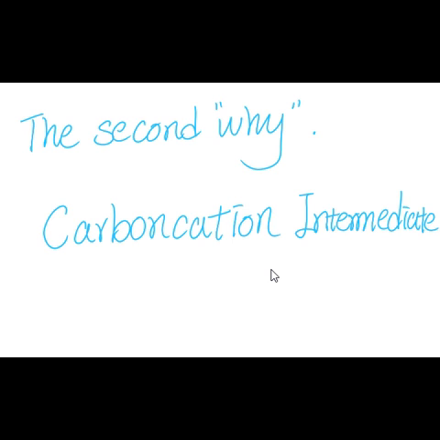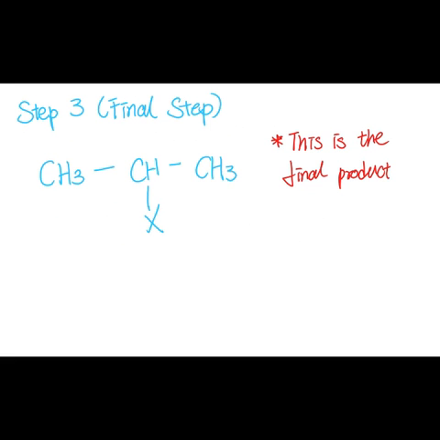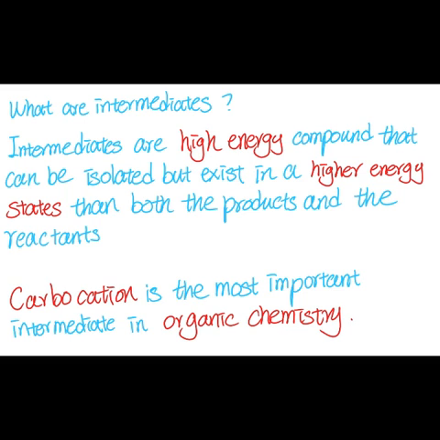So right now, we're going into this second why. To understand the relationship behind primary, secondary, and tertiary carbocations, oh, this is such a hard word, carbocation intermediates, we first have to understand what intermediates are.